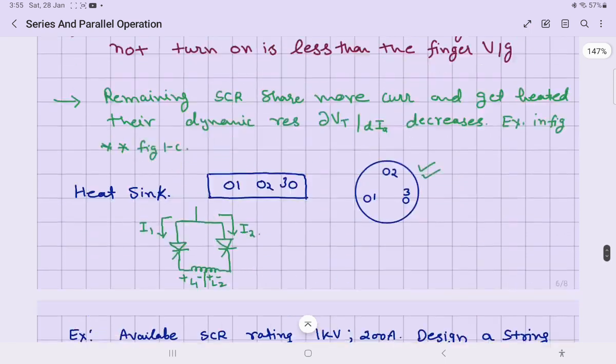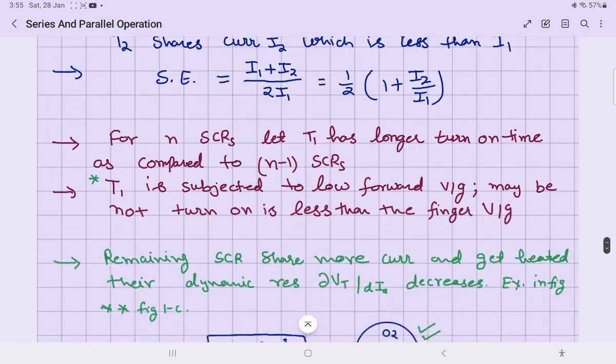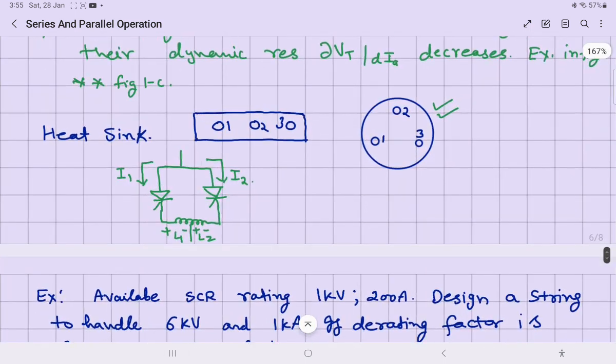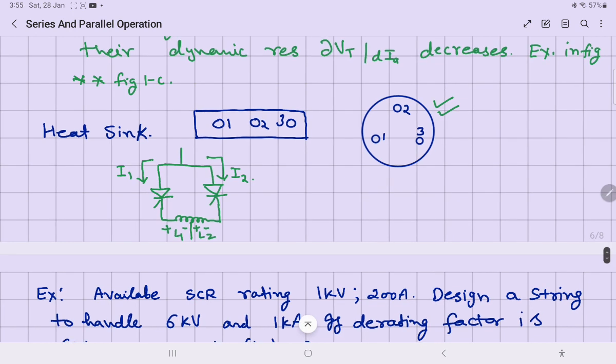What we have to do is design the heat sink in such a way that heat distribution is uniform. This type of heat sink, we have already covered when we discussed high di by dt.